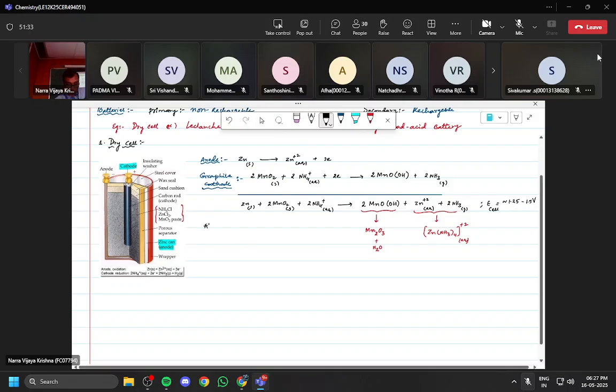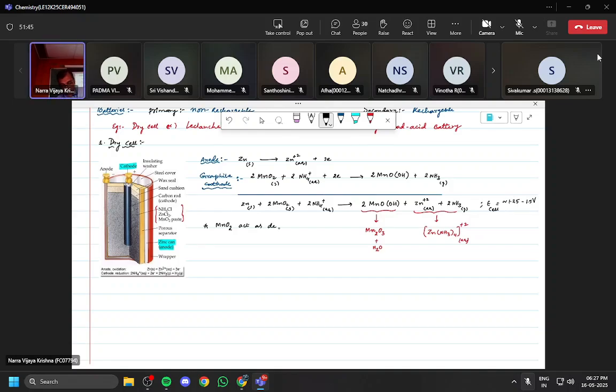Other points you need to remember here. This MnO2, whichever we are taking here, can act as a depolarizer, right? It can be called a depolarizer. The reason is that it is absorbing electrons.